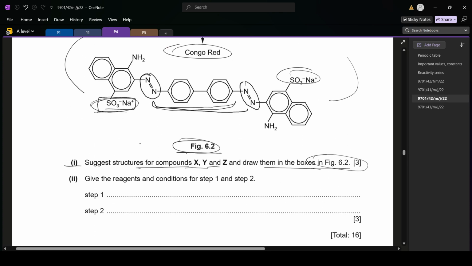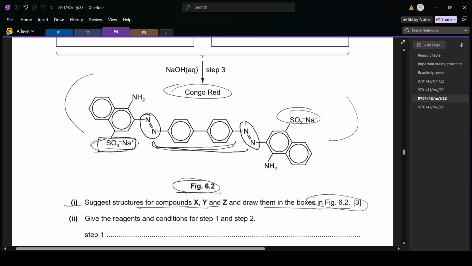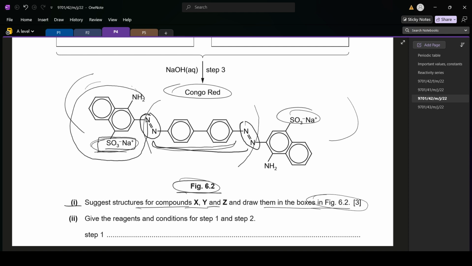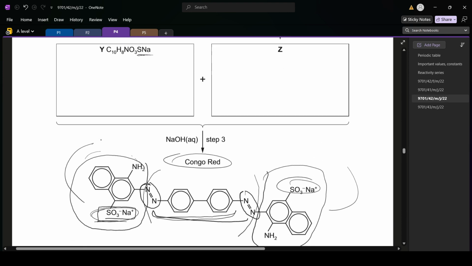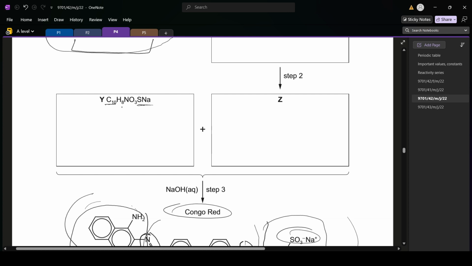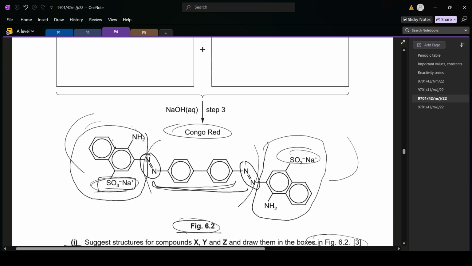So you can say that these two molecules can be your Y. You can count the number of carbon atoms: 1, 2, 3, 4, 5, 6, 7, 8, 9, 10.